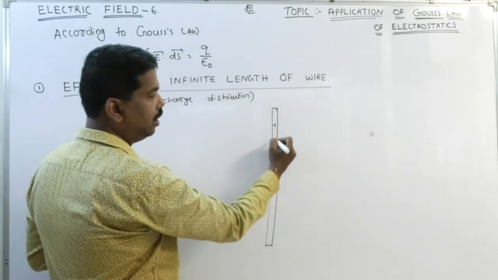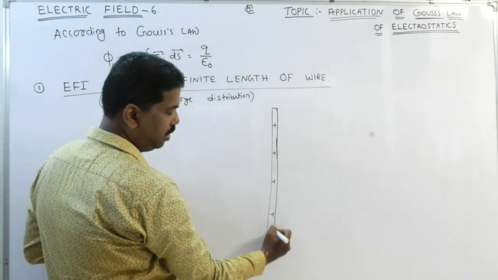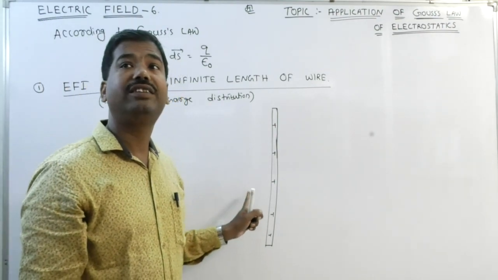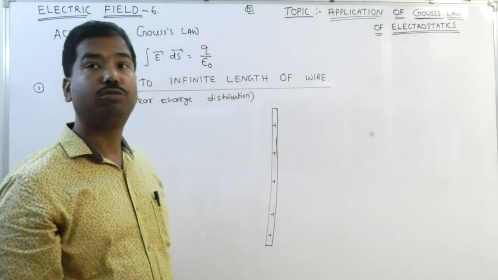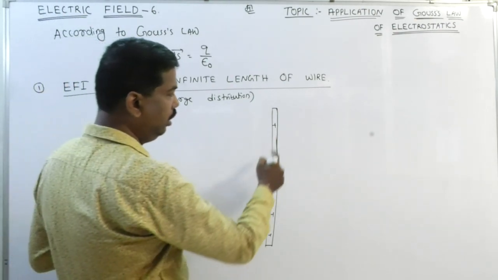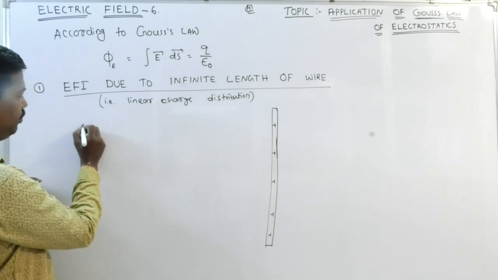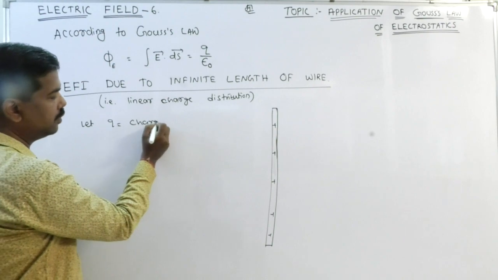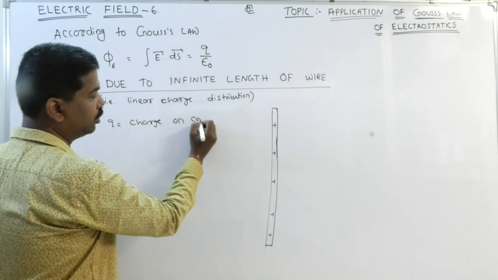Let this be a charged linear conductor, or we can say it is a wire of infinite length. Clear? Having charge Q. Let Q be the charge on the conductor.